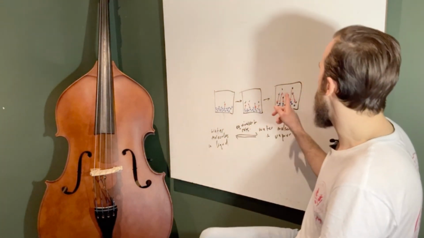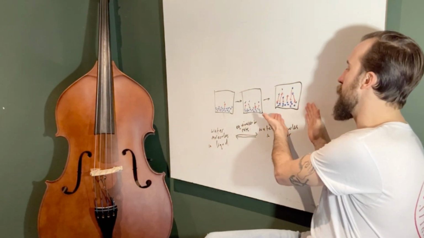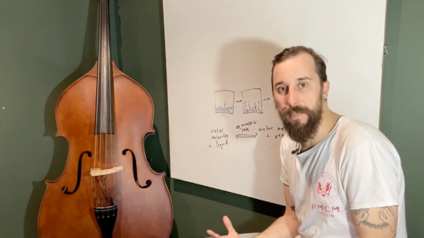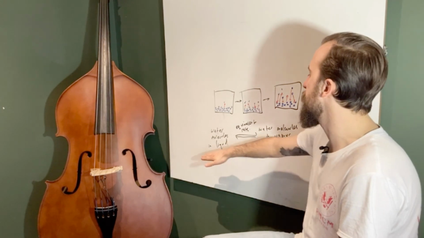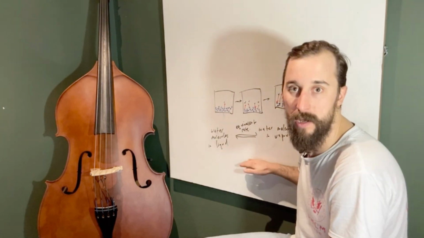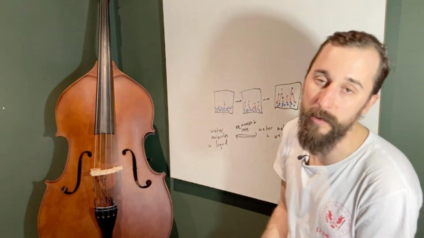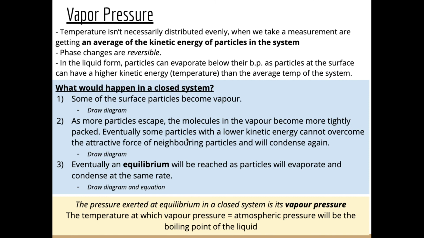So if we've got gas particles in this equilibrium here, these are still colliding with the container. So the vapor pressure will be the pressure that is observed once this equilibrium is reached, once the rate of the water molecules going to the liquid is the same as the rate of the water molecules going to the gas. The temperature at which vapor pressure equals the atmospheric pressure will be the boiling point of the liquid.